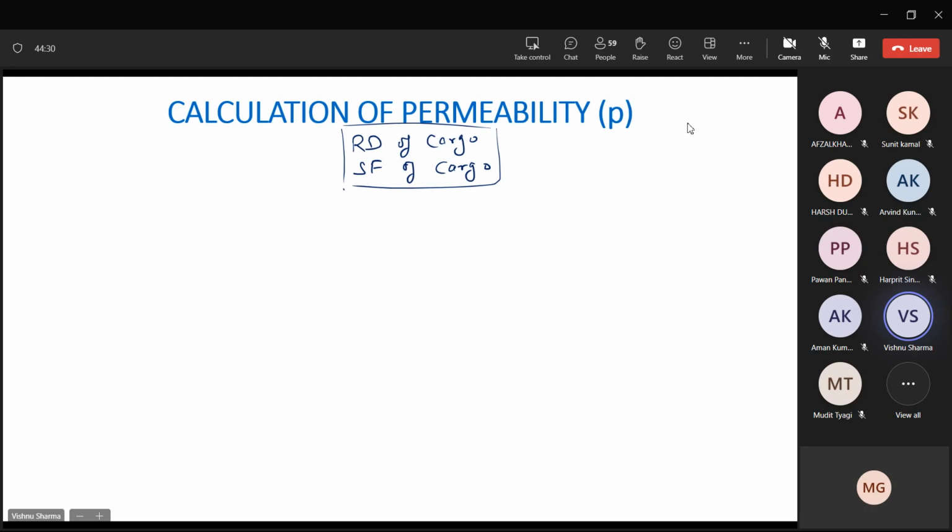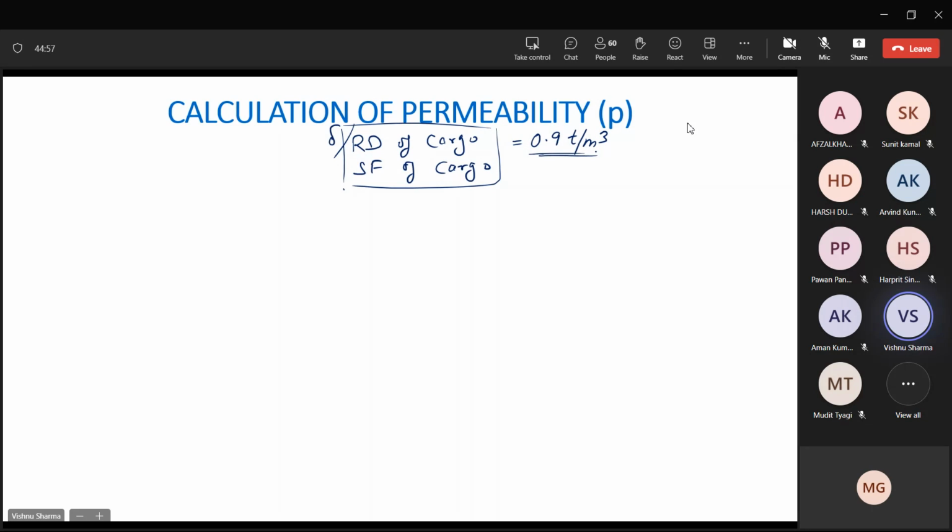Okay, guys. So if the question comes like that, please do calculate permeability and you should know how to calculate it. Now, what is the density of the cargo? Let us say the density of the cargo is 0.9 tons per cubic meter. What does it mean?